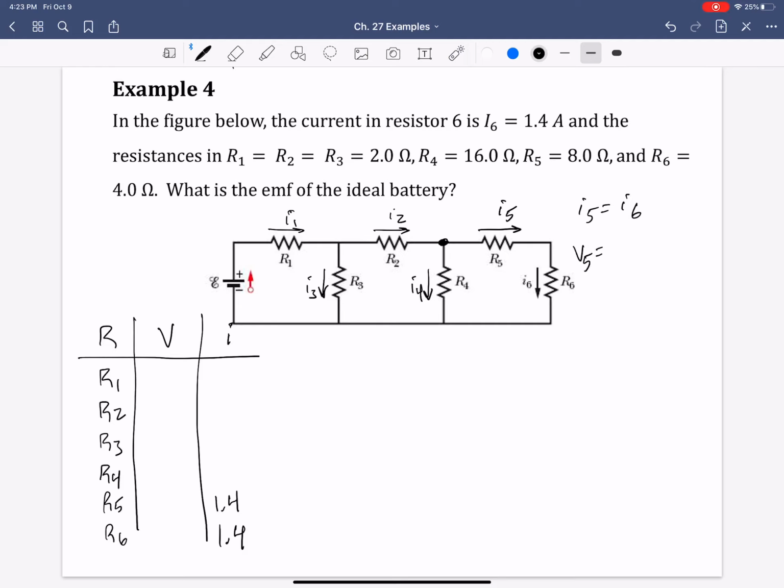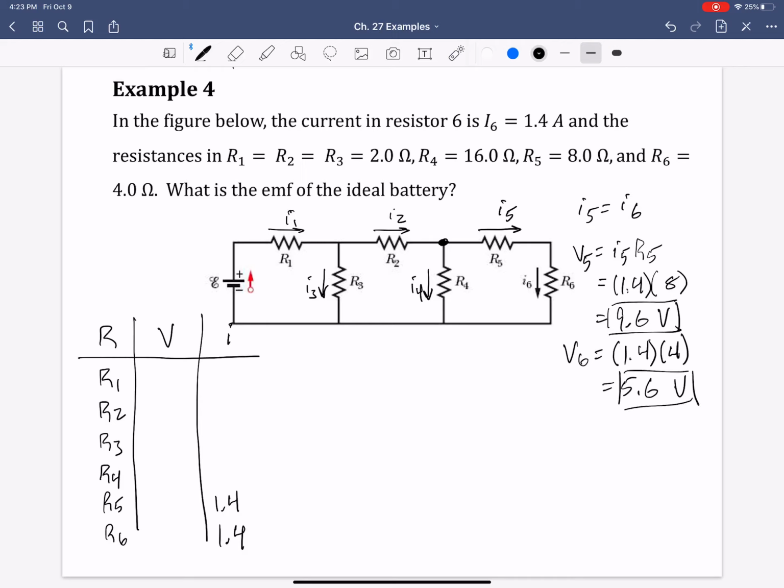V equals IR. Current is 1.4 times the resistance value of R5, which was 8, and so this should be 9.6 volts. And V6 is 1.4 times 4, and so this should be 5.6. Okay, so we have 9.6 for 5, 5.6 for 6.